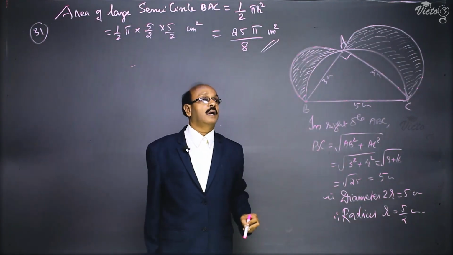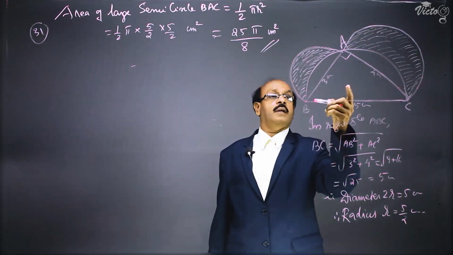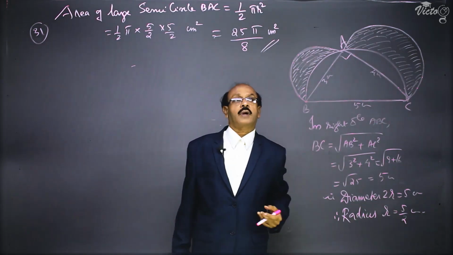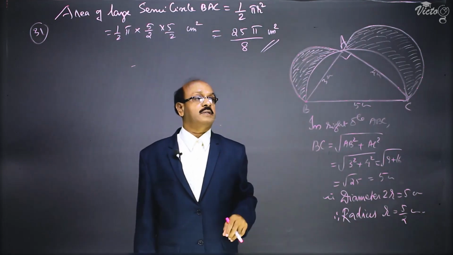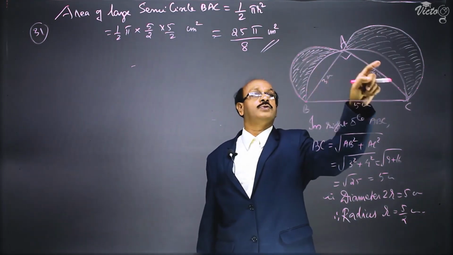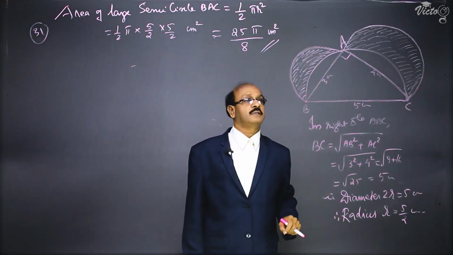Now we have to find the area of right triangle ABC and subtract it from the area of the large semicircle. Then we will obtain the sum of these two segments, segment AB and segment AC.